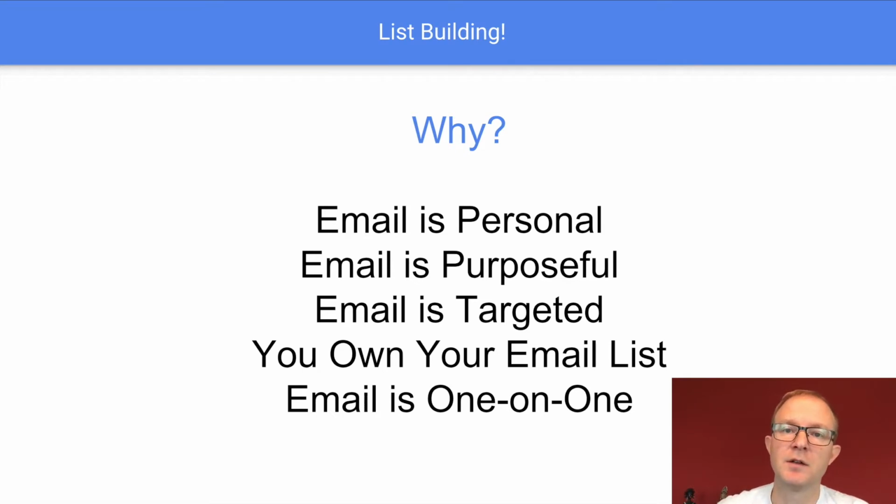You can very well also target or prepare the content of your email to your subscribers, because you know where they have subscribed, what they are interested in. You can tailor the content of the email very much for the recipients. So this is about purposeful and targeted.